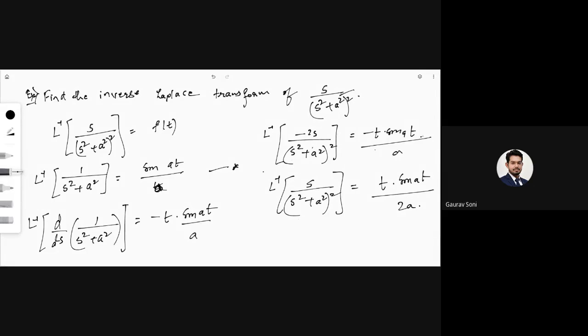Next example: Laplace inverse of 1 upon s into s plus 2.